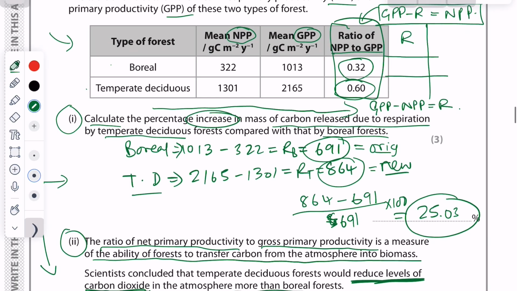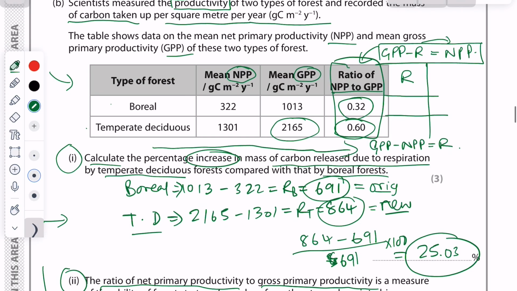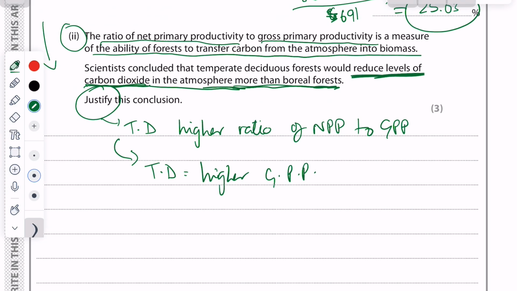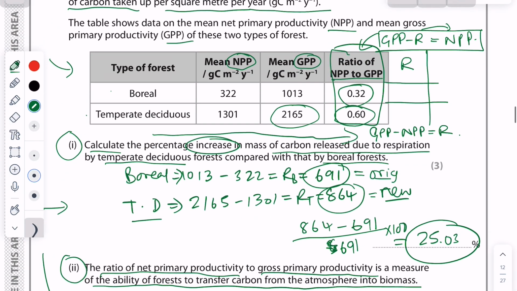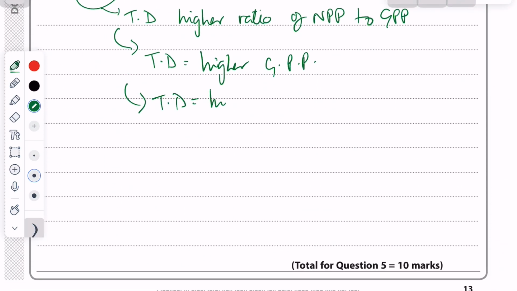Any other reason? Is there anything else that they're doing more? Well, the other thing is they do have a higher GPP. Anything else? Well, they also have a higher NPP.